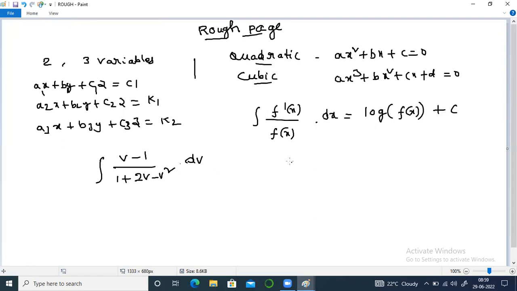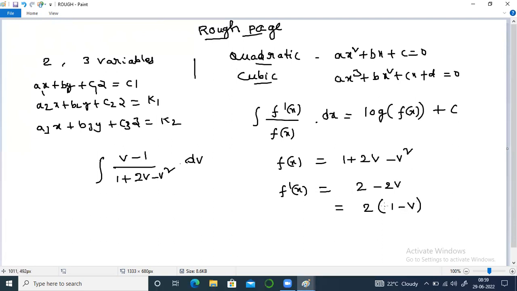Now, if f of x is 1 plus 2v minus v square, then what is f dash x? Differentiation of 1 is 0, differentiation of 2v is 2, differentiation of v square is minus 2v. It means 2 into 1 minus v. But actually what is there? V minus 1 is on the top, and the 2 is also not there.